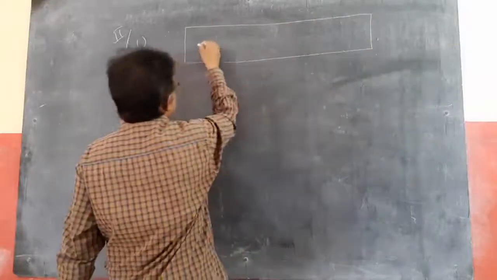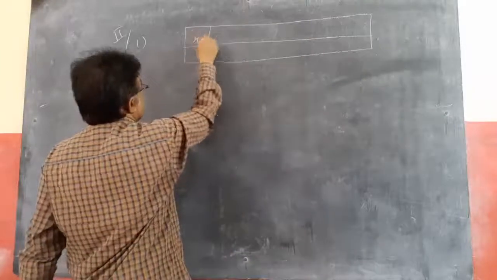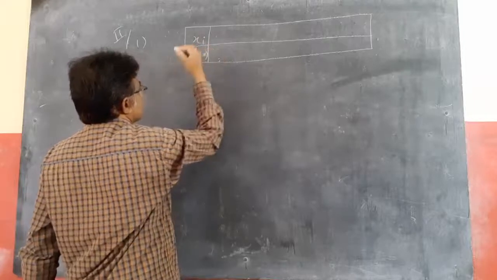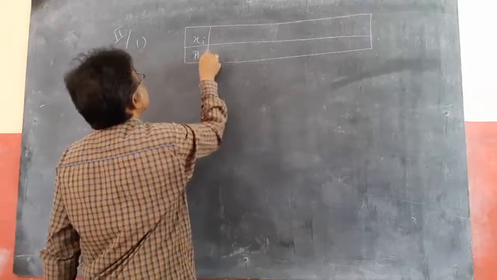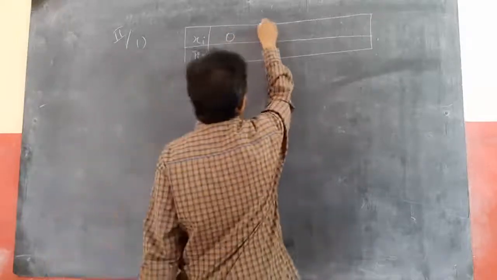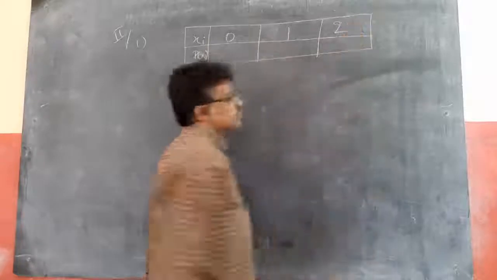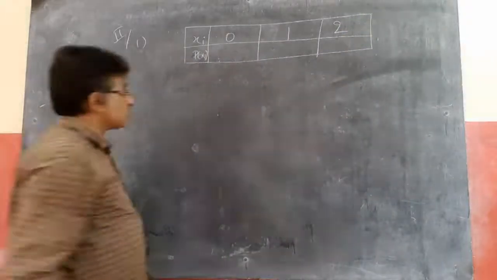He is giving xi ranging from 0, 1, 2 and P of xi equal to something is giving. Only 3 values for xi. And P of x equal to 0 equal to 3c cube.